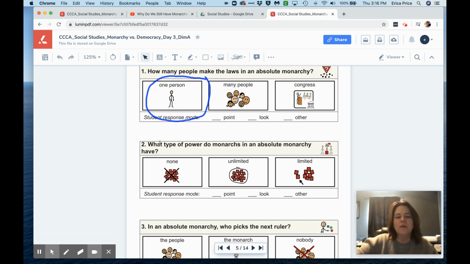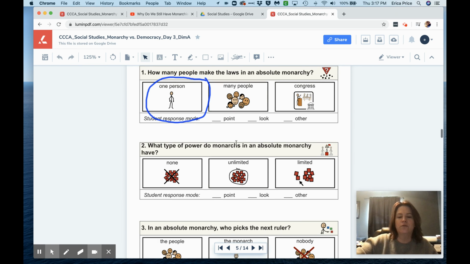What type of power do monarchs in an absolute monarchy have? None, unlimited, or limited. So what type of power do monarchs in an absolute monarchy have? Okay, let's go back and look before I give you the answer.